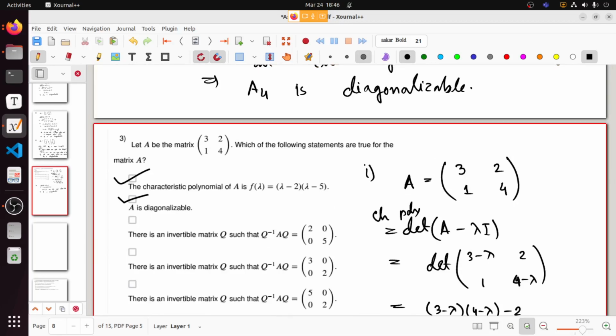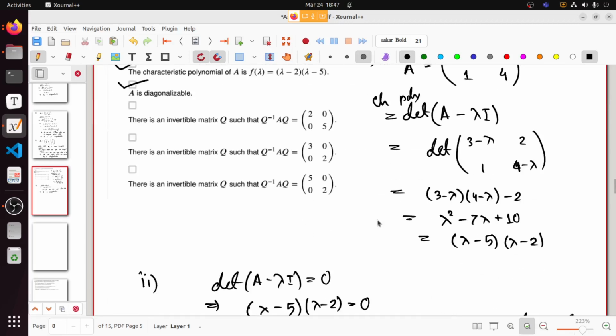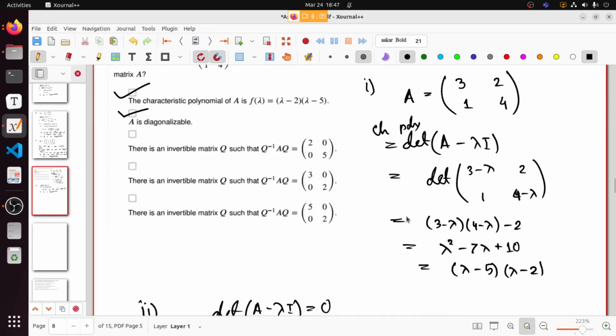Option number 3 is saying that there is an invertible matrix Q such that Q inverse AQ is [[2, 0], [0, 5]]. Right, so this is just the definition of diagonalizable.